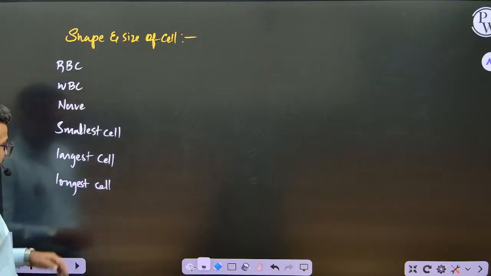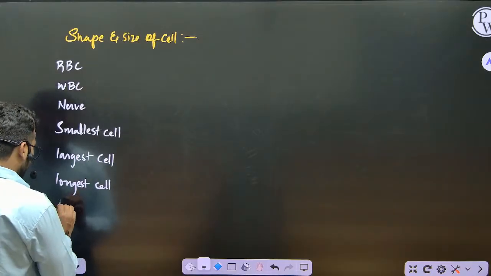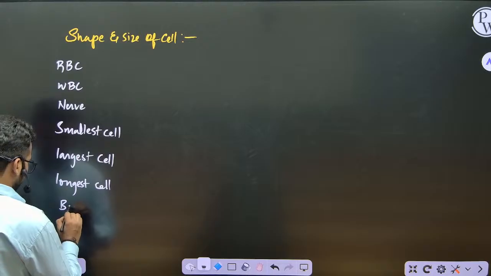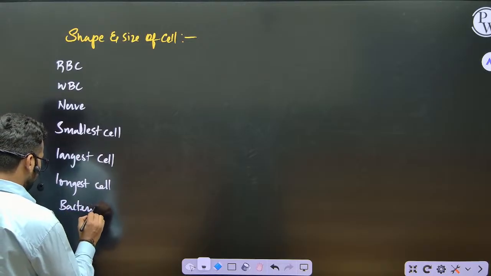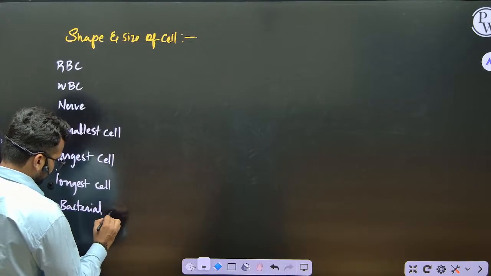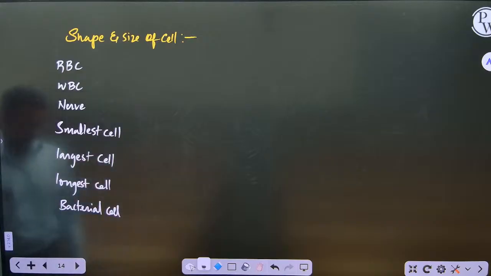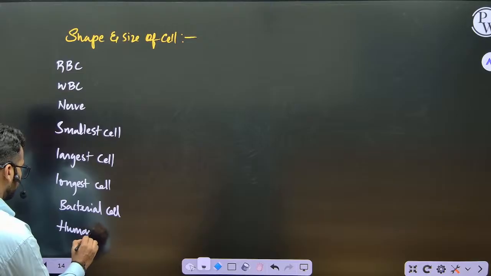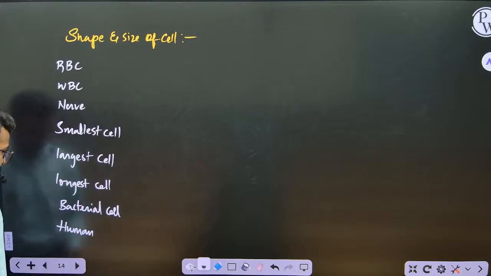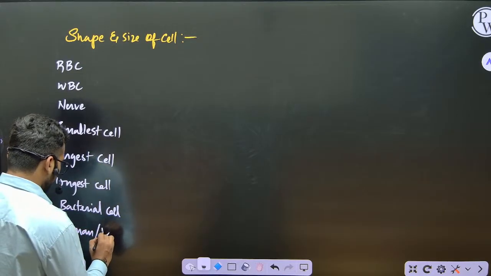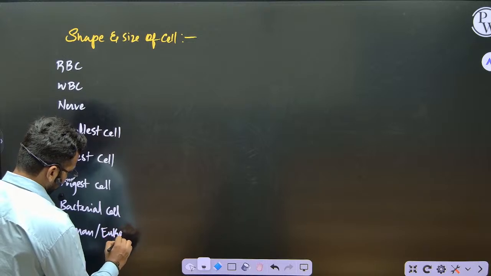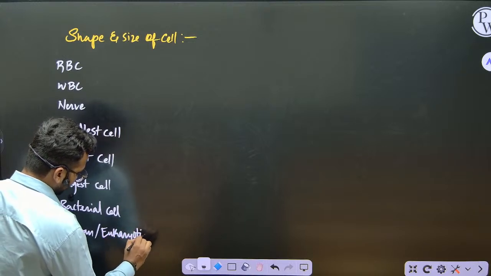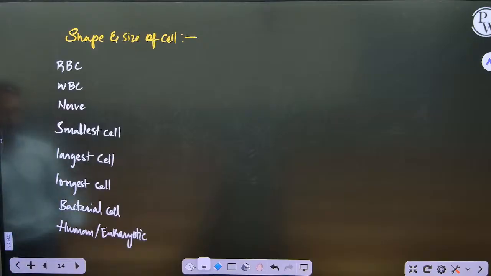Or the typical bacterial size, bacterial cell, we can also measure. And a typical human or eukaryotic cell size you can take, in general, not specifically RBC or WBC.